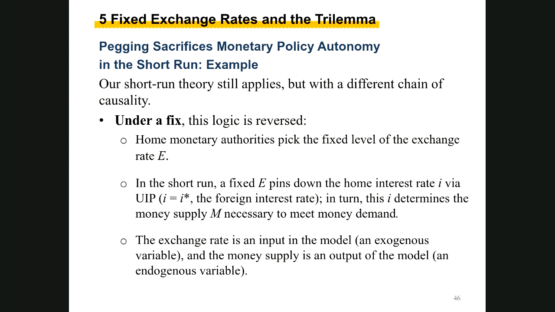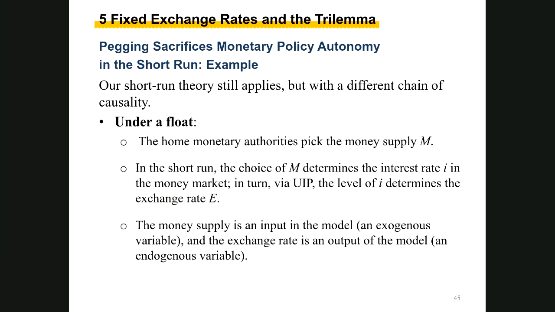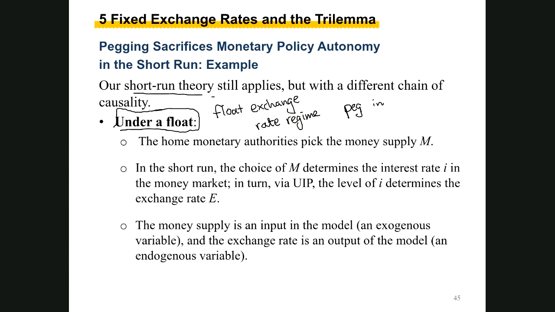Okay, so if we believe in the short run theory, if the country is under the float exchange rate regime, means what? Means they peg their interest rate to the international level.